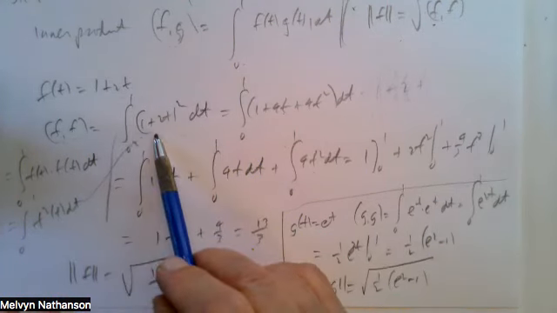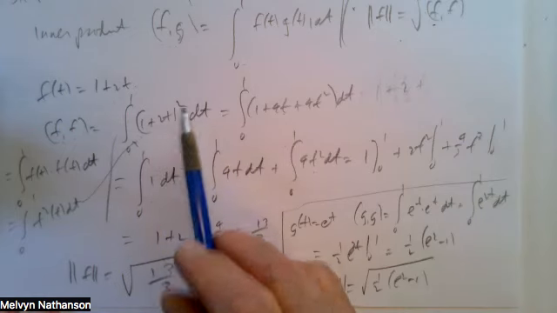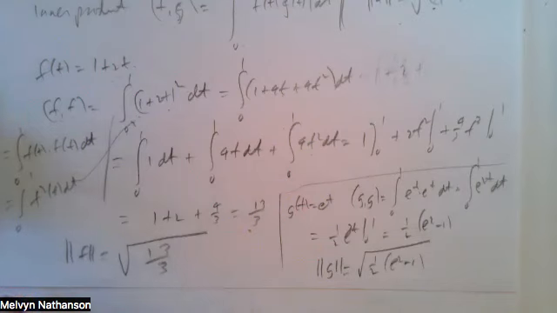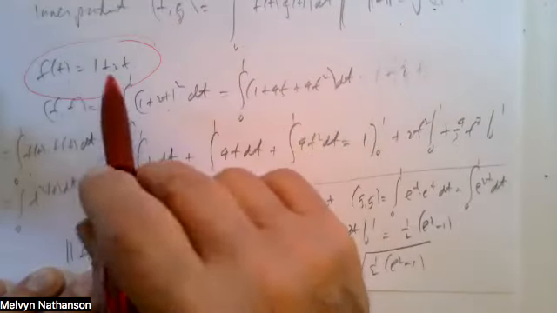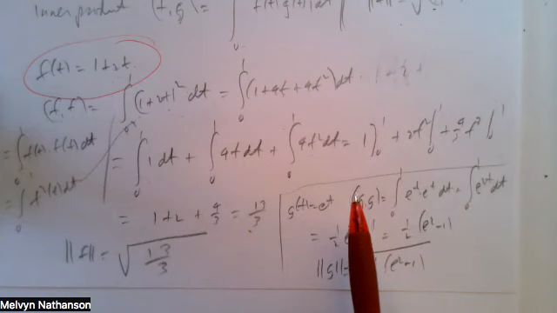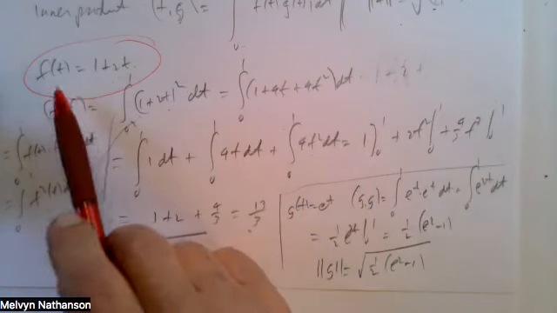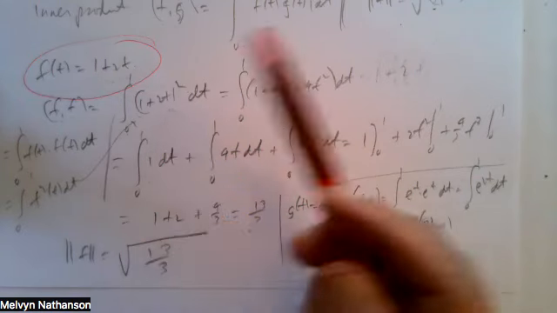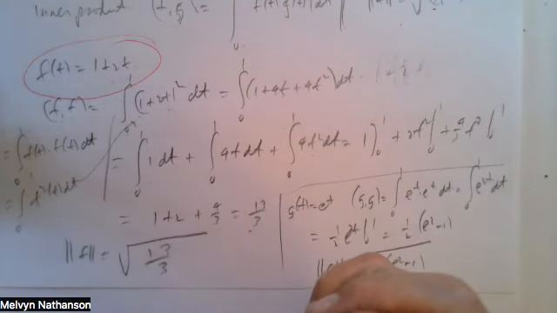So this is the integral from 0 to 1 of 1 plus 2t squared. The book says f of t is the function 1 plus 2t. If you multiply 1 plus 2t by itself, you get 1 plus 2t squared, right? Okay, understand. Thank you.